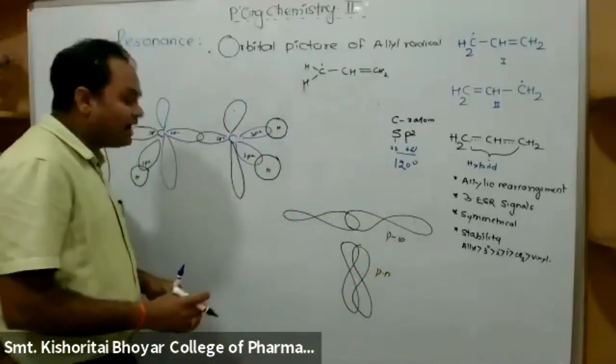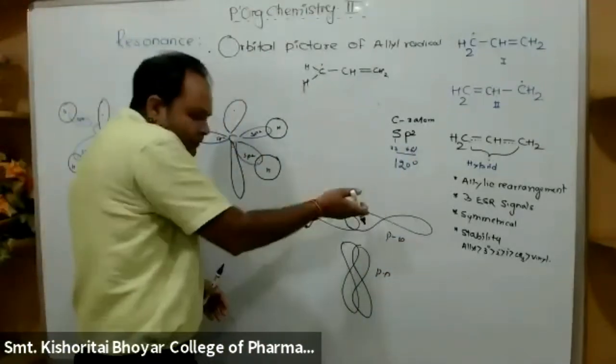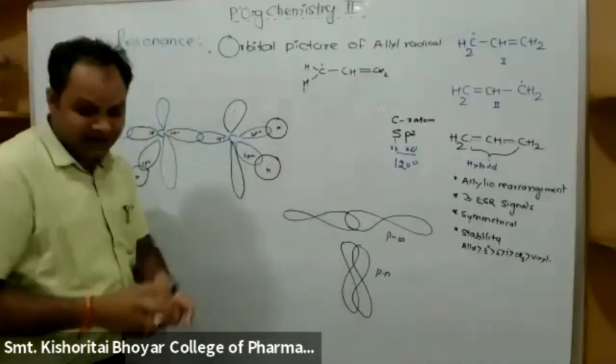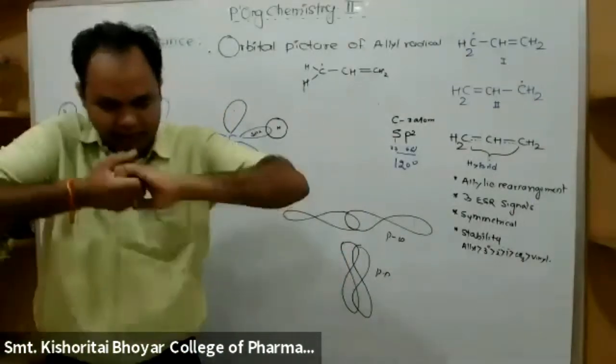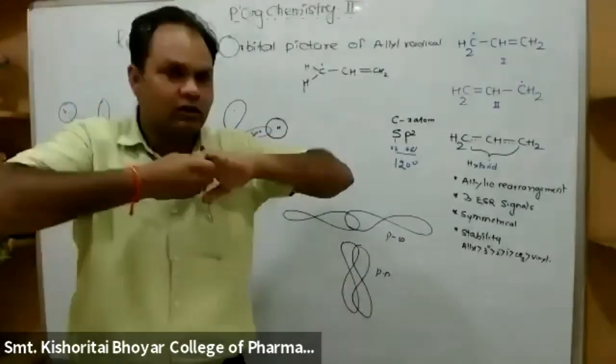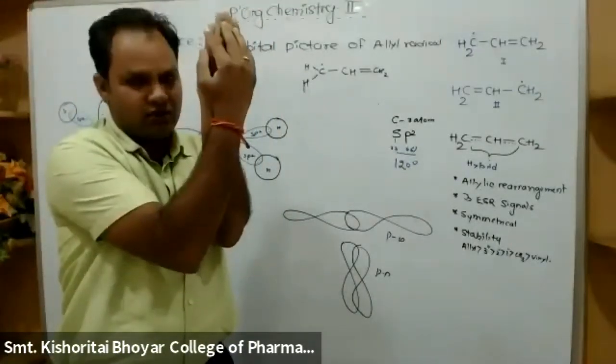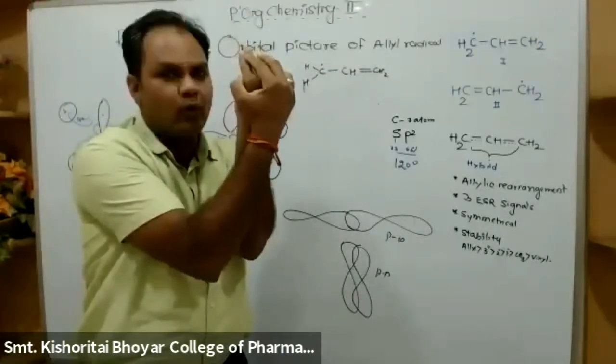But the difference is that this is axial overlapping, and this is called lateral overlapping. Axial overlapping like this is a stronger one, and lateral overlapping like this is not that strong, so it results in a pi bond, a weak bond.